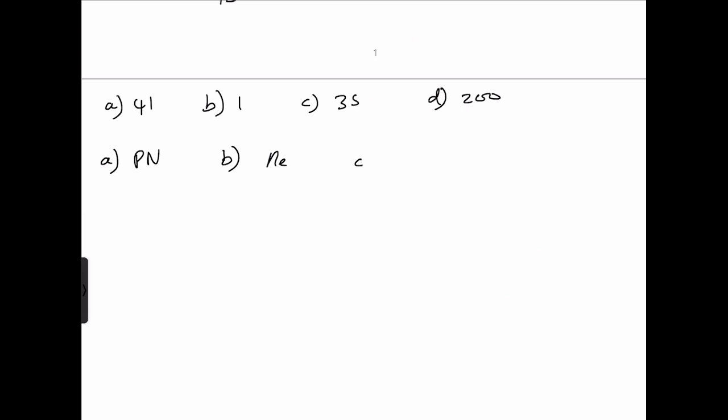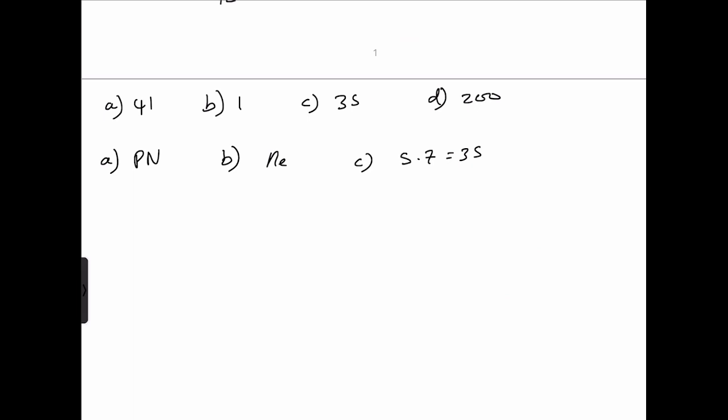C, 35. So the number 35 is a composite number. First of all, if you remember, it has to be greater than 1, and it has to have factors other than 1 and itself to be a composite number. 35 does not just have 1 and itself, it has different factors, because we can say 5 times 7 is equal to 35.